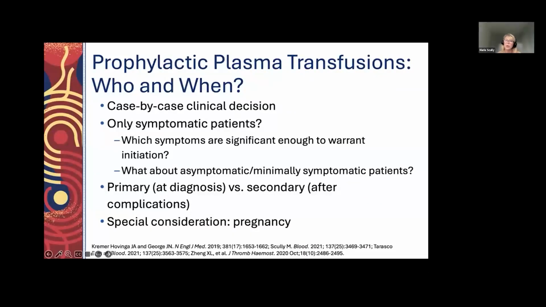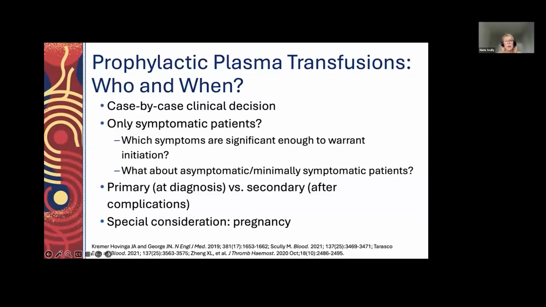So when should we use plasma transfusion? This has to be a case-by-case clinical decision. And it will depend on the physician's understanding and experience with congenital TTP. Should we only treat symptomatic patients, i.e. when their symptoms are significant enough to warrant initiation?